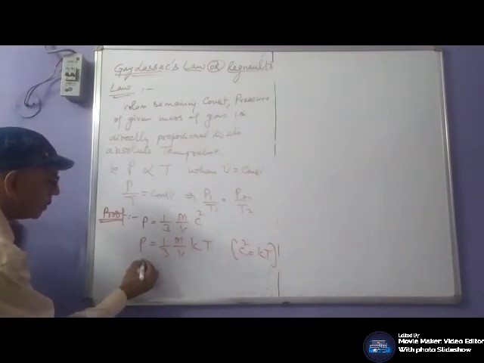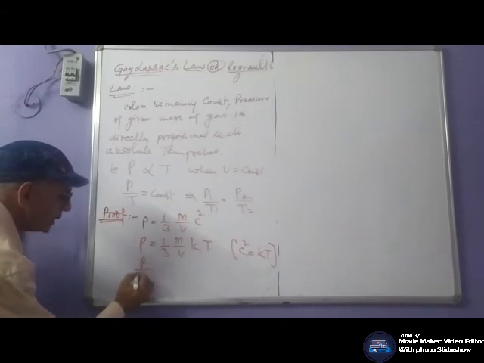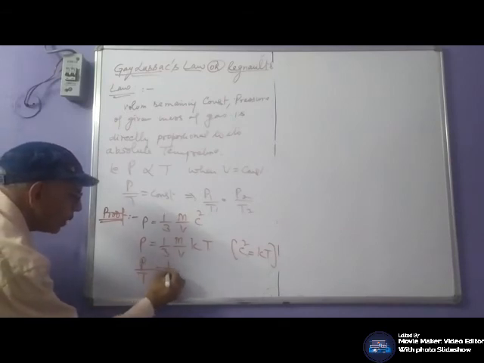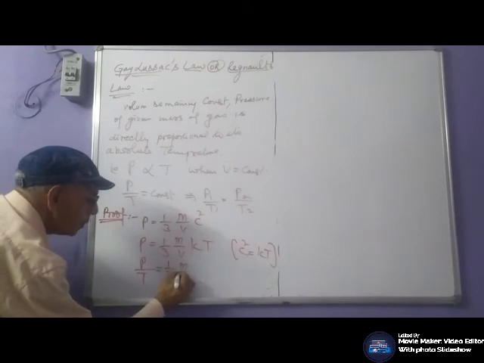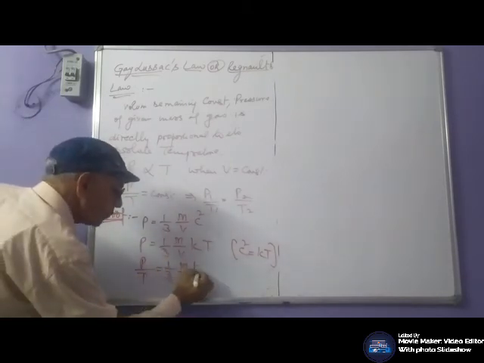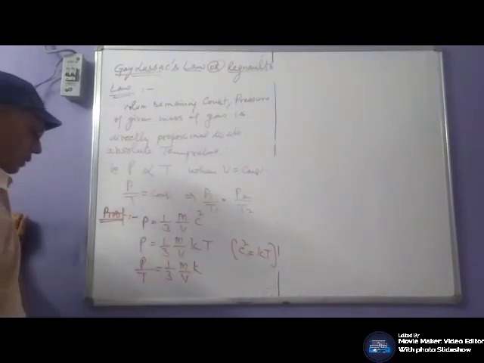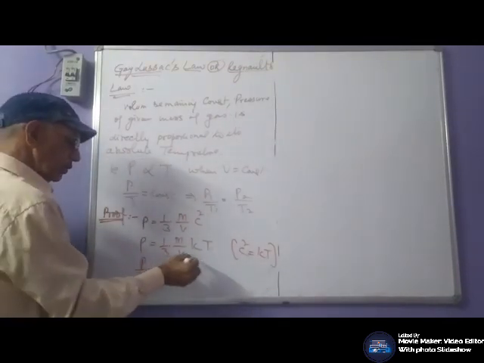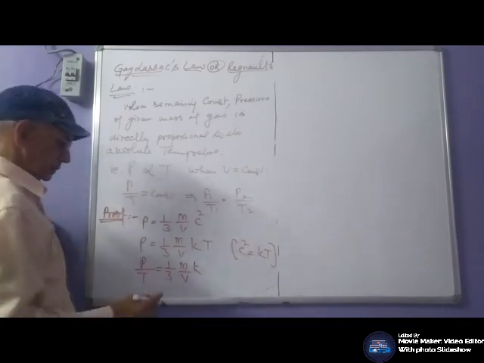P by T is 1 by 3 m by V k. Now 1 by 3 m k, they are constant.